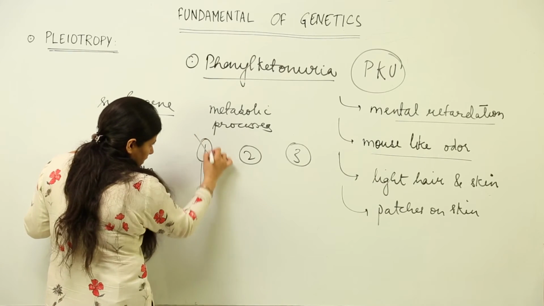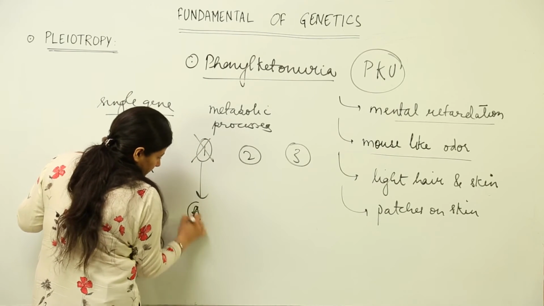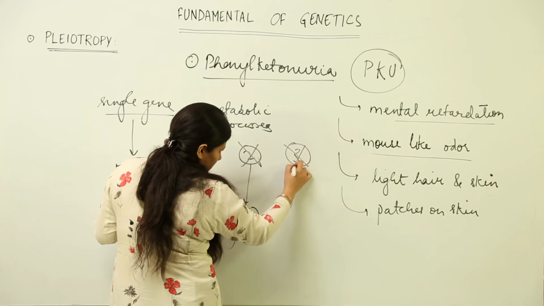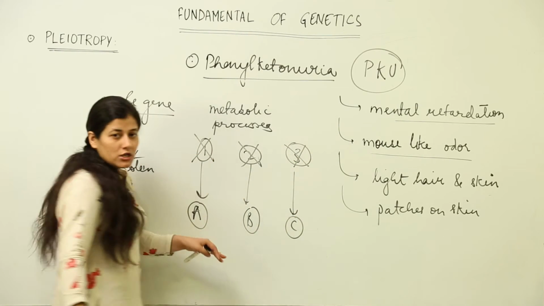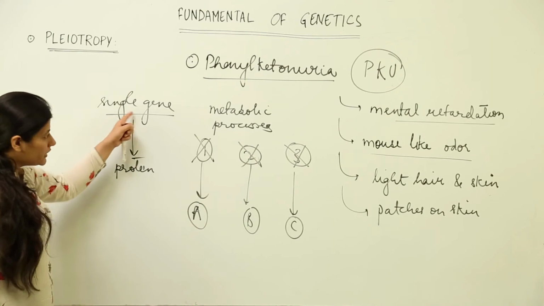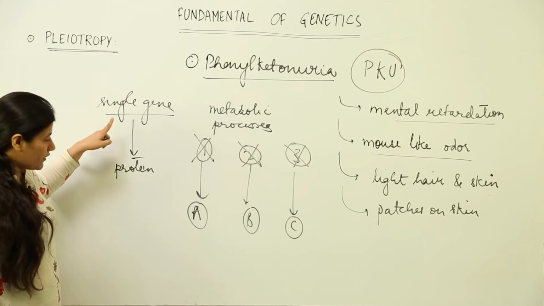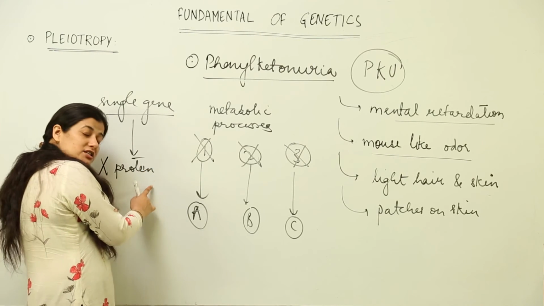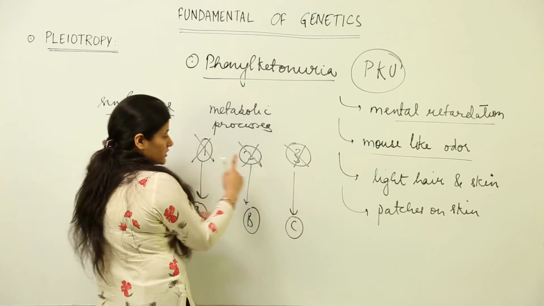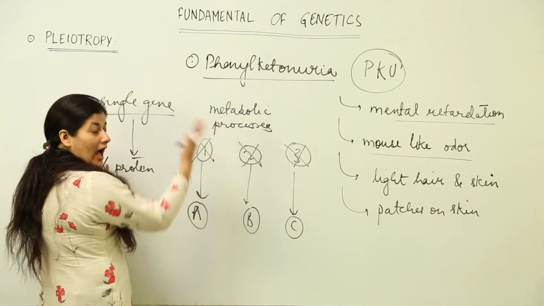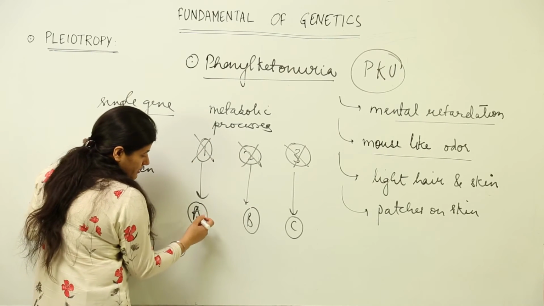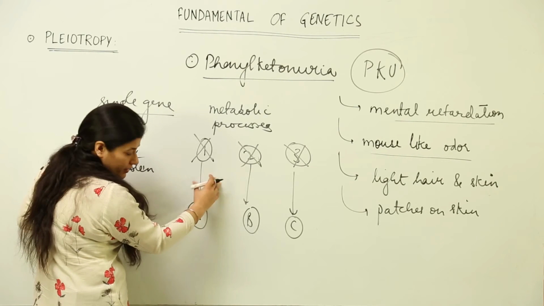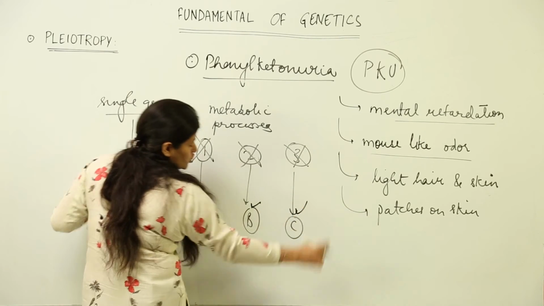So this is missing, then you have symptom A. This protein is missing over here, you are having symptom B. It is missing in the third metabolic process, you are having symptom C. So in a way you get an idea that because a single gene is non-functional or dysfunctional, a protein is not being formed, let that be X protein. Now this X protein was required in various metabolic processes 1, 2 and 3. X protein being unavailable, the metabolic process is hindered, it is not taking place as it should be, and the symptoms show themselves.